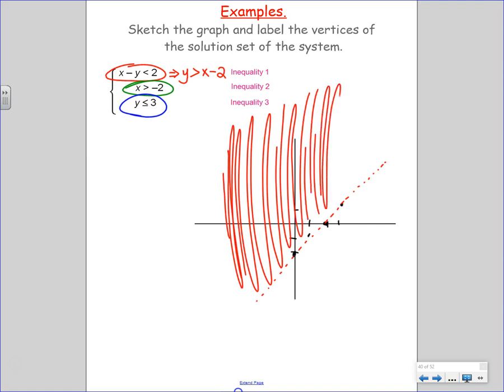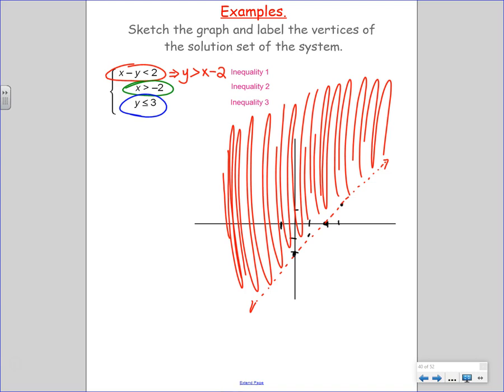Now, I got this one. It keeps going forever. But I'm not done. Who else do I need? x is negative 2. Doesn't that happen at that little tick mark where x is negative 2? Yes, it does. But it's just one point? No, follow the tick mark.